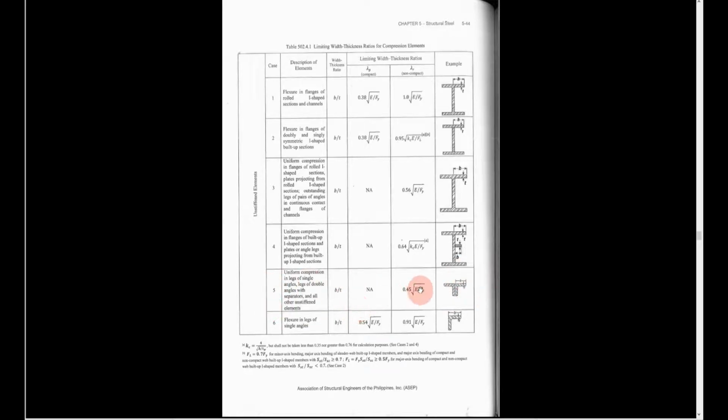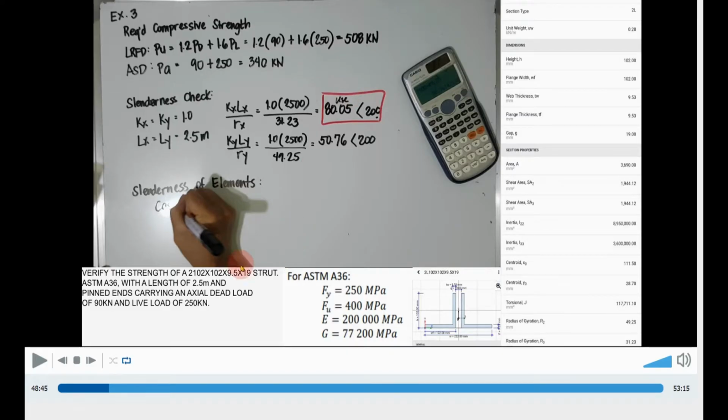So the width thickness ratio can be determined using this formula, and the limiting slenderness parameter can be determined using this one. So it falls under case 5.